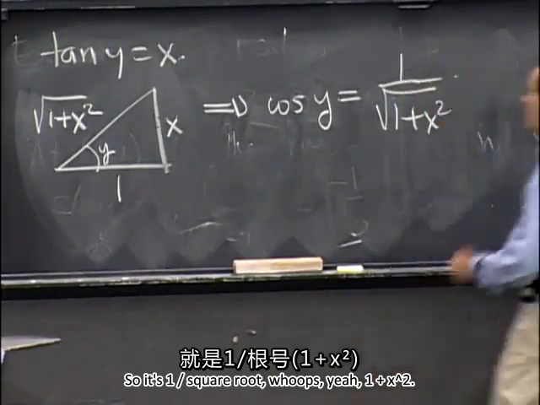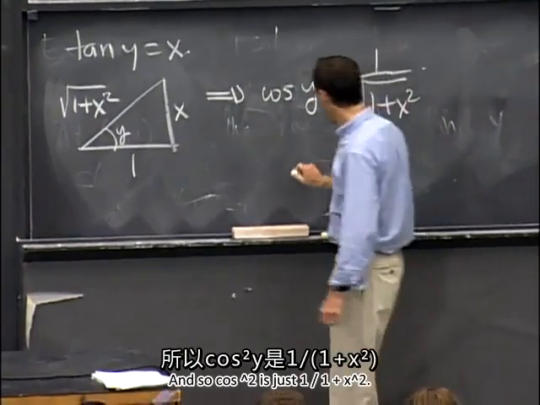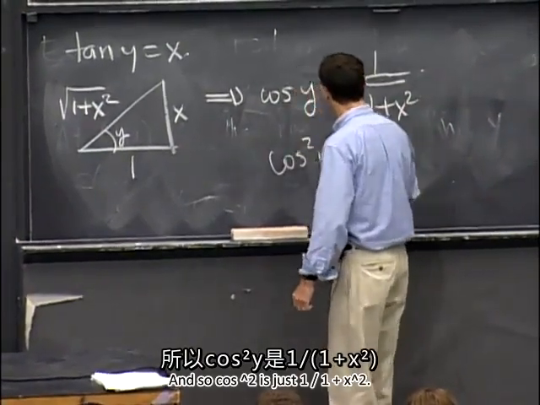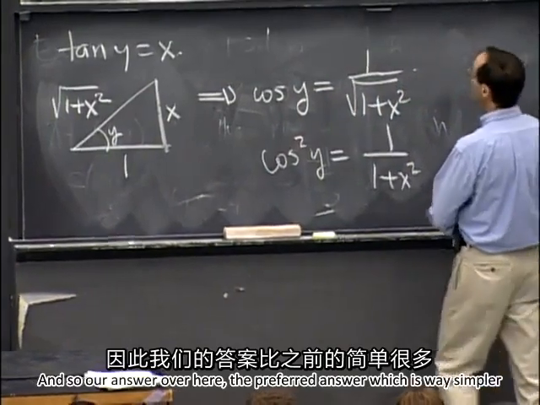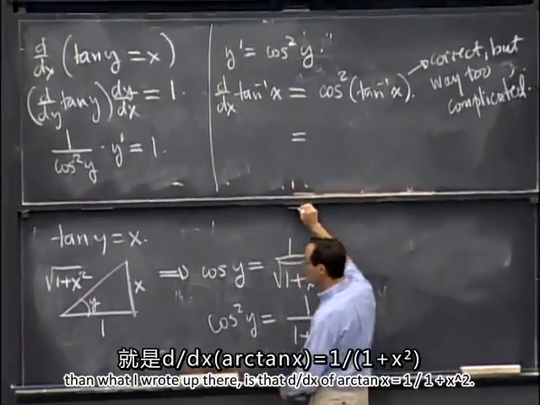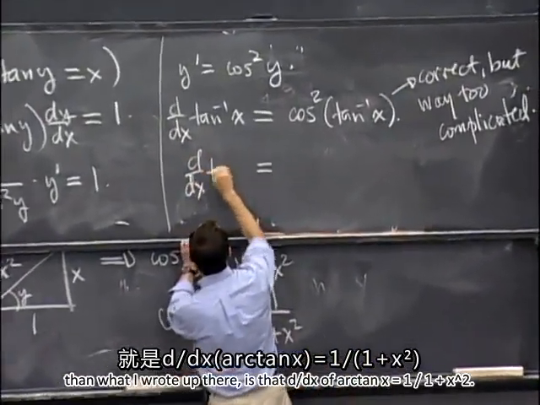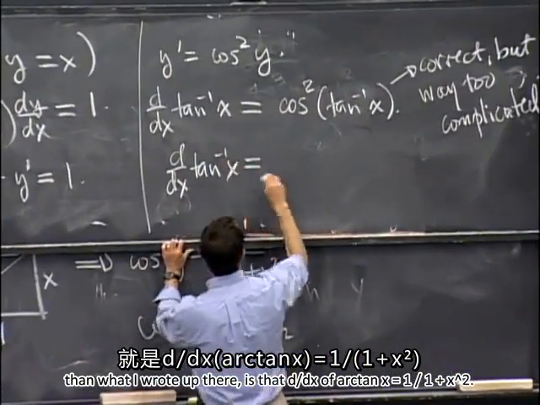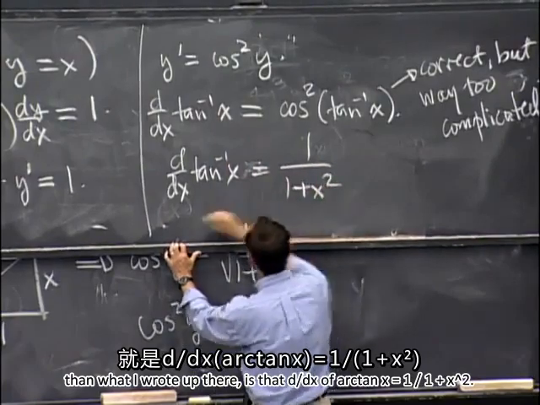That's it. And so cosine squared is just 1 over 1 plus x squared. And so our answer over here, the preferred answer, which is way simpler than what I wrote up there, is that d by dx of tan inverse x is equal to 1 over 1 plus x squared.